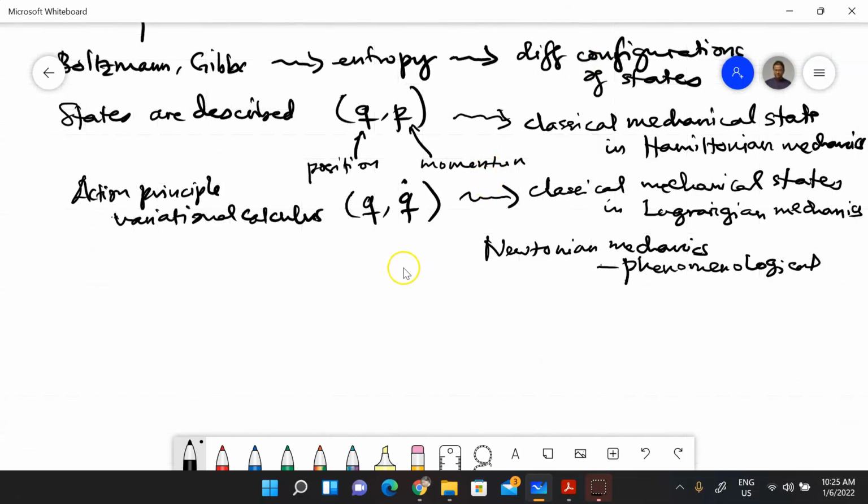So what's the problem with this? The problem with this is the fact that your Q's and P's are continuous variables.